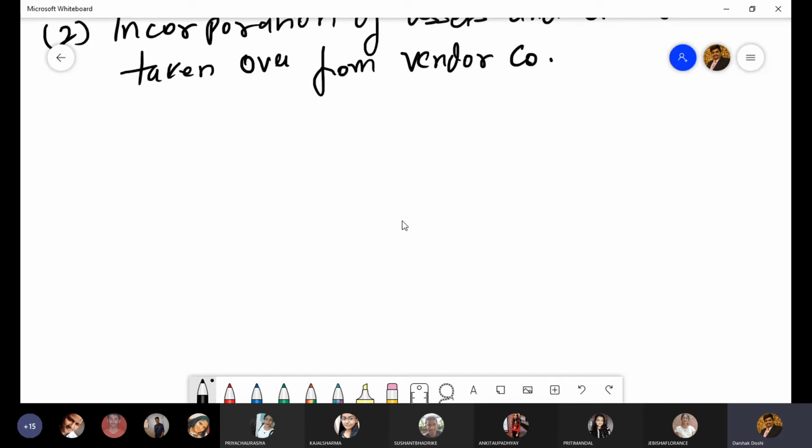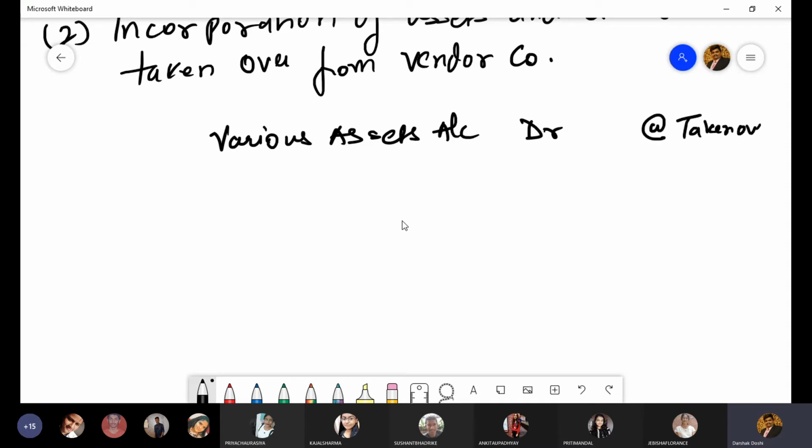Okay. So here what I am writing down is various assets account debit at taken over value.